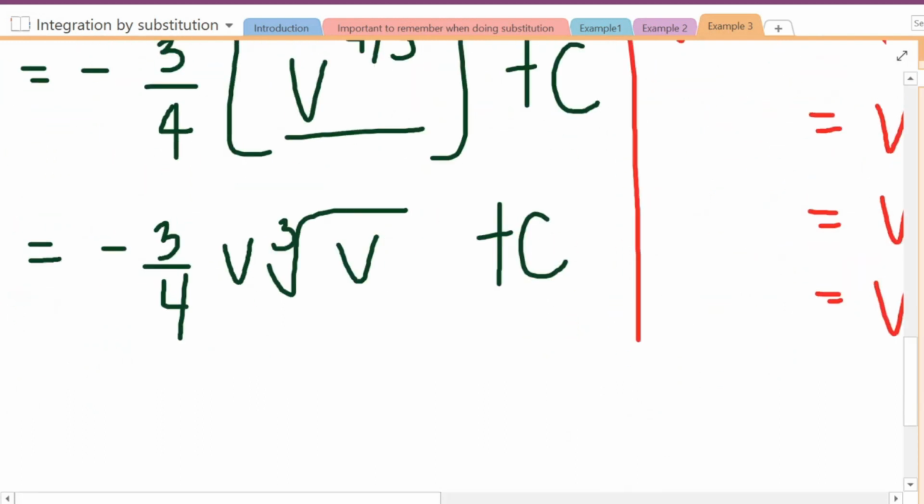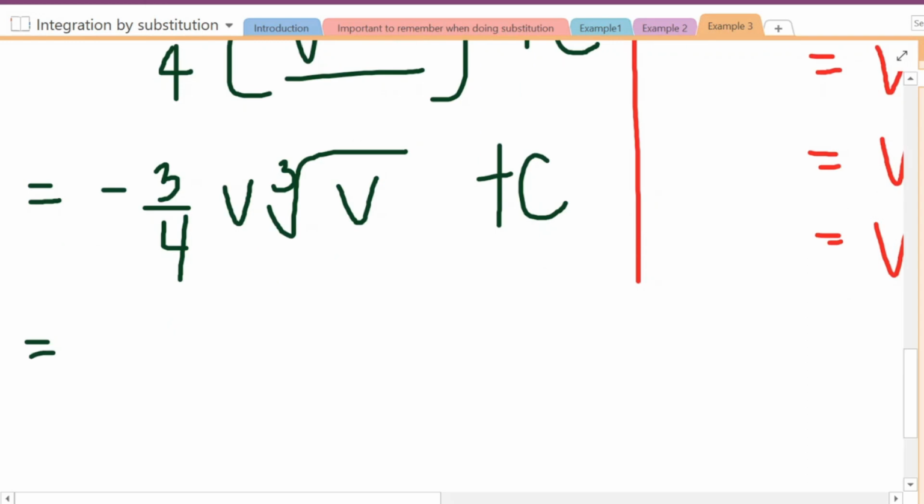Let's go back to our answer. Again, as emphasized a while back, we do not stop with the variable that we introduced. Let us go back with our original variable. And since we applied two substitution processes, going back would require two processes also. So first, from variable v, we go back to variable u.